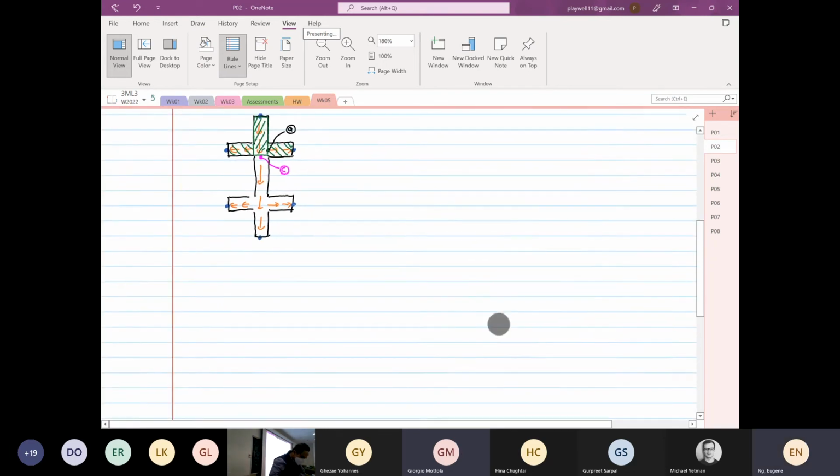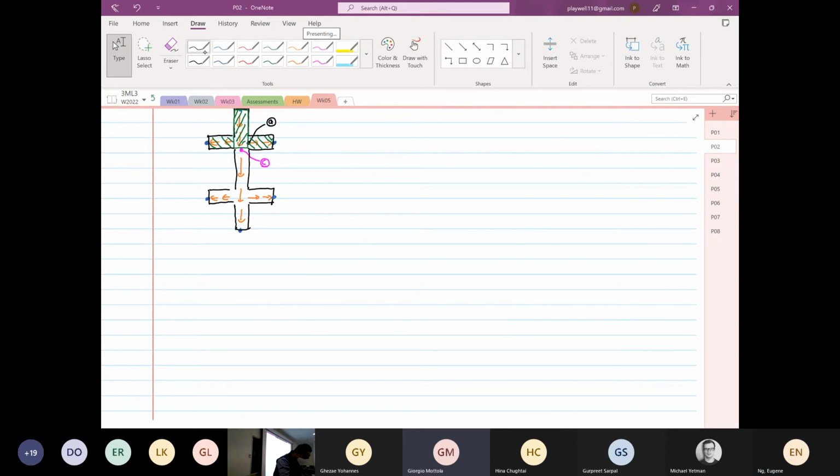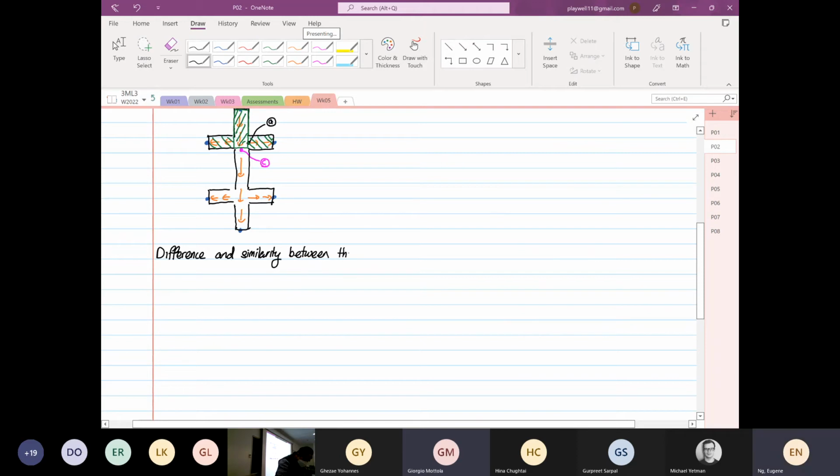Let me zoom out so you can see better. The next thing we're going to see is the difference and similarity between thin wall and non-thin wall analysis.